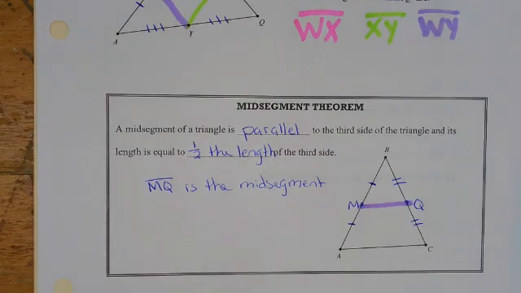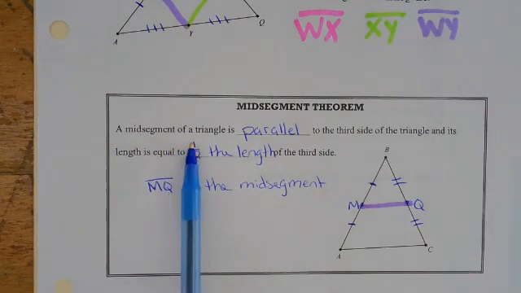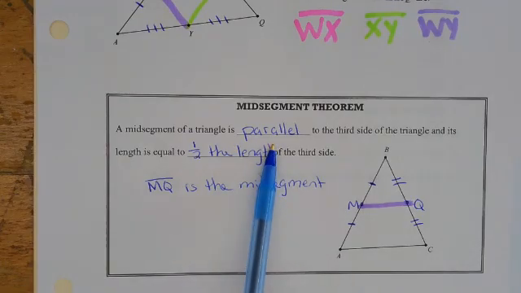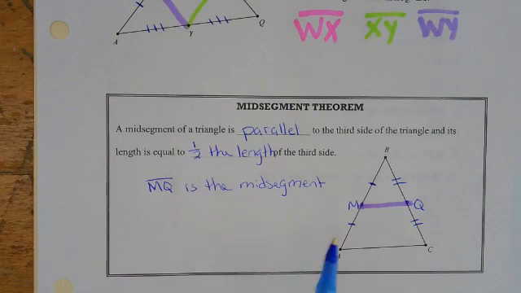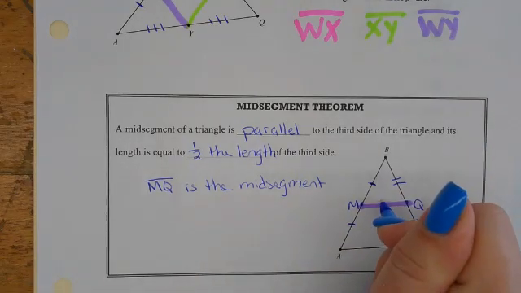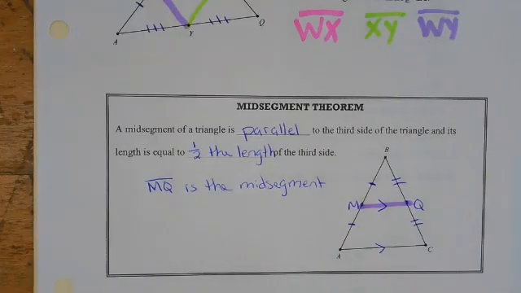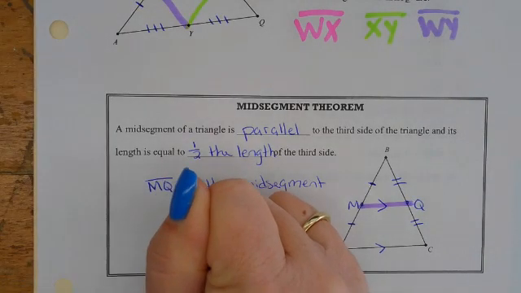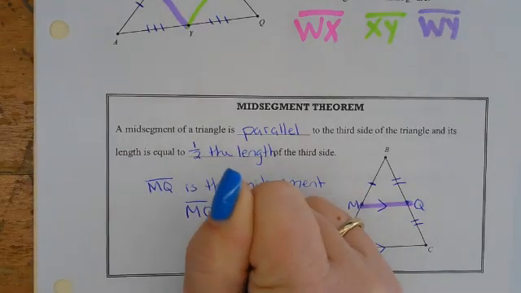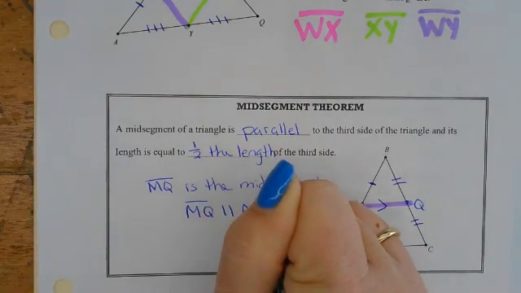Now, if I look back at my theorem, it says a midsegment of a triangle is parallel to the third side of a triangle. Well, here's 1 and 2 where the midsegment went through. So this is my midsegment. It's telling me that MQ is parallel to AC. Okay, so I would label that as MQ is parallel to AC.